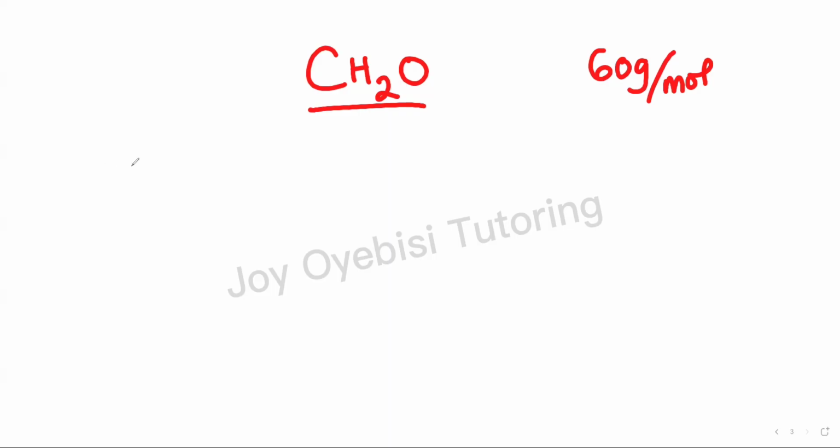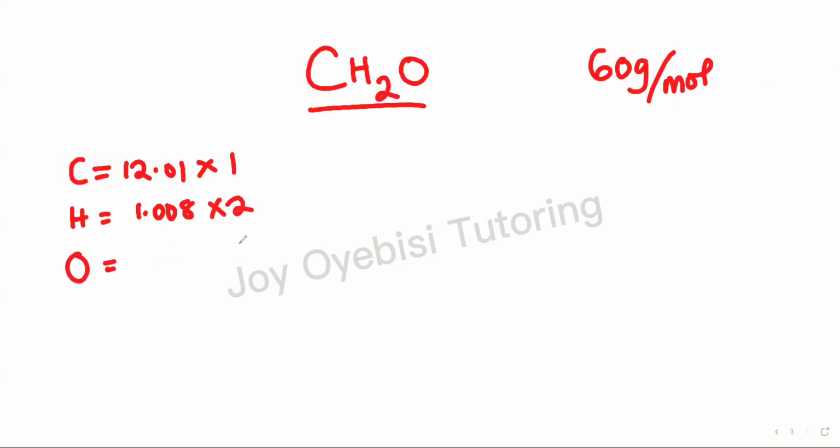So starting with carbon, carbon is 12.01. There's only 1 carbon, so we're going to multiply 12.01 by 1. And then we move on to hydrogen. Hydrogen is 1.008 times 2 because we have 2 hydrogens. And then oxygen, there's only 1, and oxygen is 16 times 1.